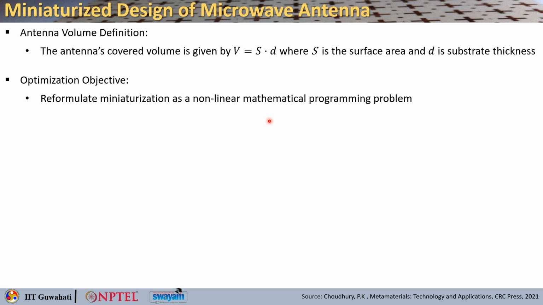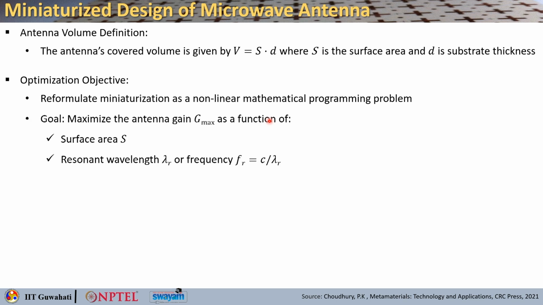Now, the above mentioned miniaturization problem for the antenna volume profile is reduced to a nonlinear mathematical programming problem with the objective function represented by the maximum gain of the patch antenna, G max, given as a function of surface area S and the resonant wavelength lambda r or frequency Fr, which can be related as Fr equals C by lambda r, right.